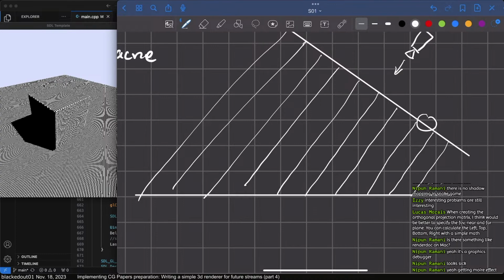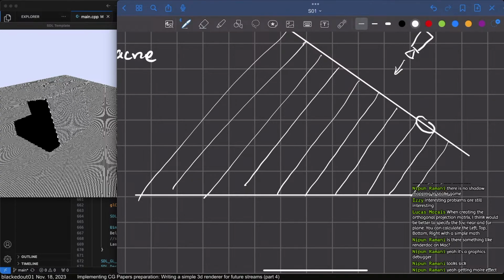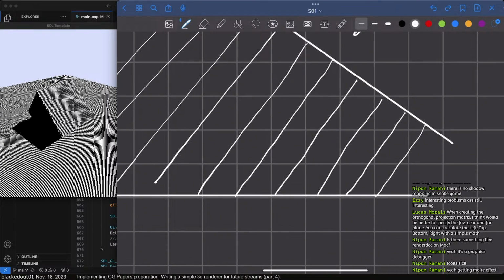So what is happening? This pixel, if we look at this pixel, for example, what is stored in this pixel? The pixel stores the depth value, because actually all of these depth values are different. As you can see, if we draw this like here, this would be one depth value.